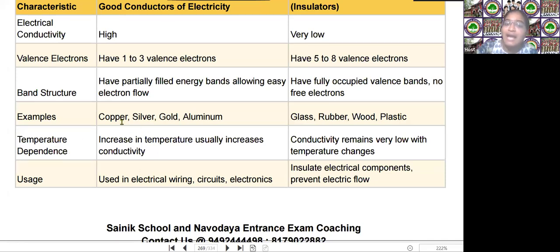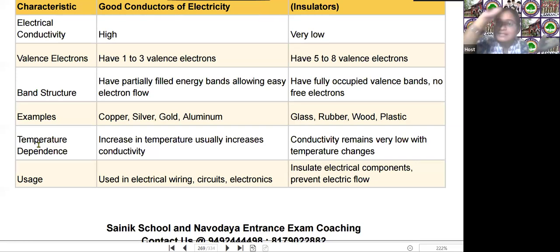The conductors have a proportional relation to temperature. It means if you change the temperature, the conductivity increases or decreases.